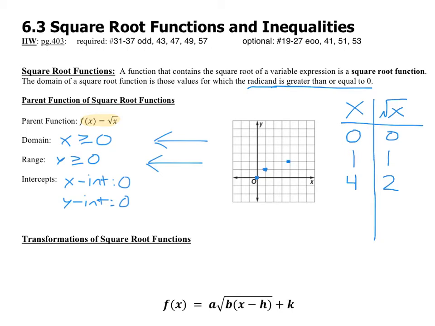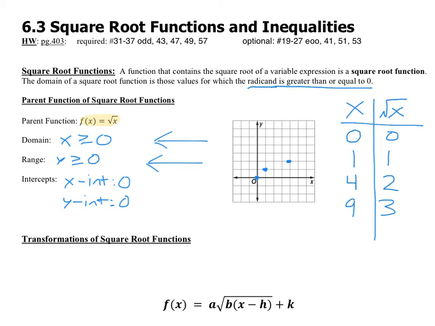4, 2. All right, if my graph was bigger, the next number I would plug in for x is not 5 or 6 or 7 or 8 because those are not perfect squares. I would plug in 9 next. So you want to plug in values where if you take the square root, you're able to do that mentally.